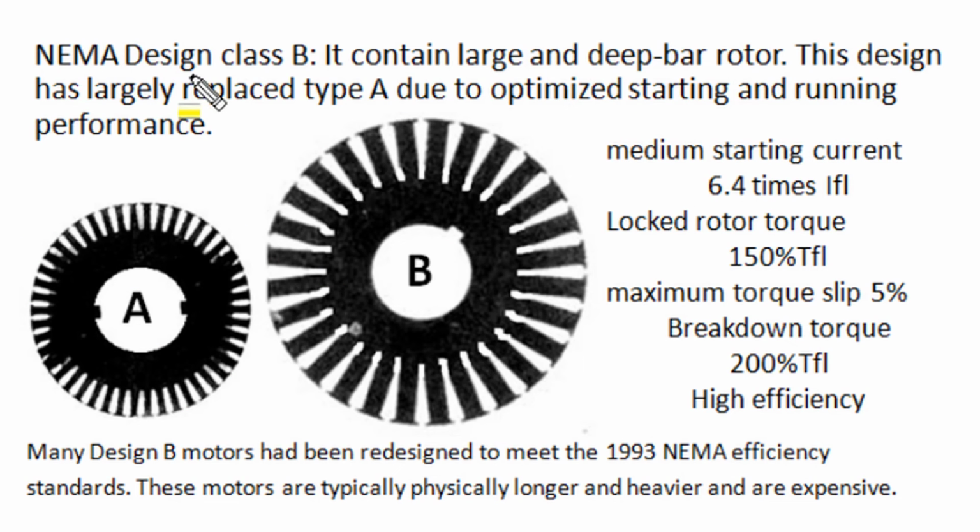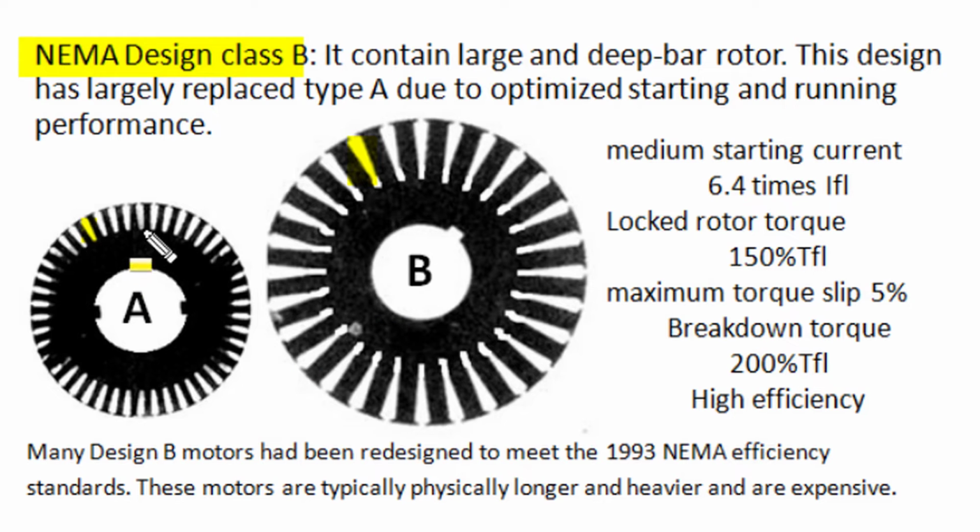For standard economic high efficiency operating conditions, NEMA has designed the class B type of motor, and this class B type of motor is an improvement over the standard class A type of motors. In class A motors, we have a broader slot of smaller depth but considerable cross section area near the periphery, whereas in class B type of rotors, we have a deep slot with considerable cross section area and considerable depth in the rotor core.